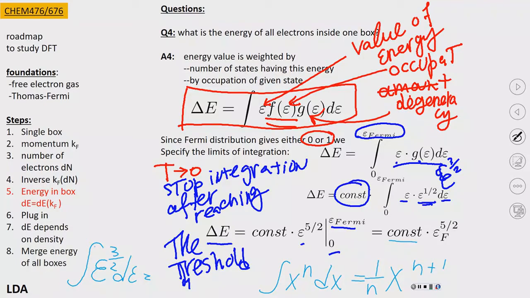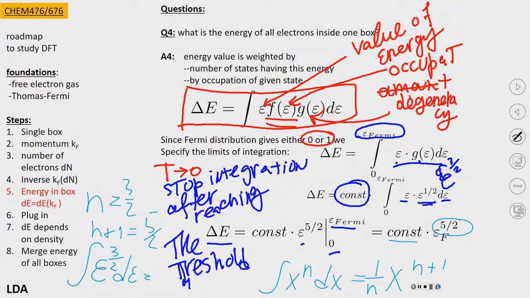So if n equals 3/2, then n plus 1 equals 5/2. Yes. This here, right? And you evaluate it on the limits from 0 to Fermi energy. At 0 it is 0, at Fermi energy it is E Fermi to the power of 5/2.